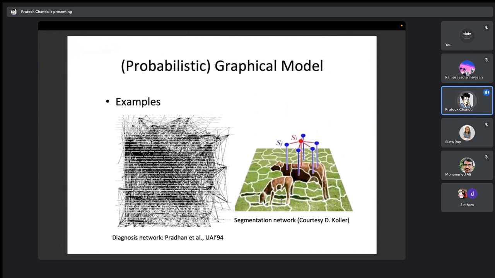The first example is from a diagnosis network for medical diagnosis. You can go through the paper, but it's just a motivating picture that I wanted to show here. If you see, the diagnosis network is too complex, there are so many random variables interconnected, and it's not even humanly interpretable.